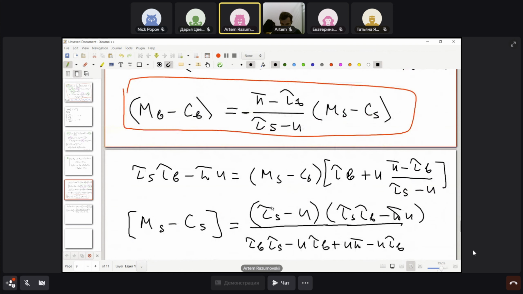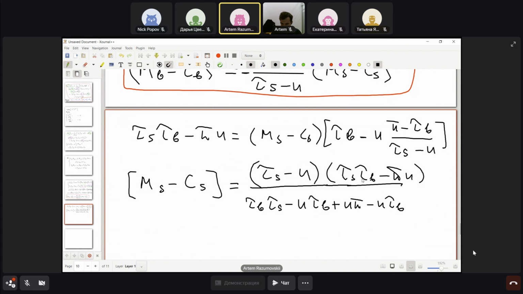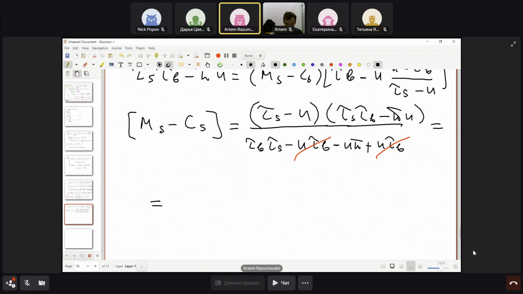And then it will be minus here. I need to change it here as well, so that we get minus here and then plus here. So we can delete that one and write that this is equal to tau s minus u, and here will be the same, right?